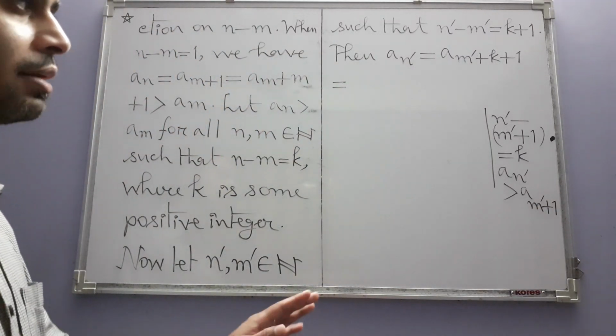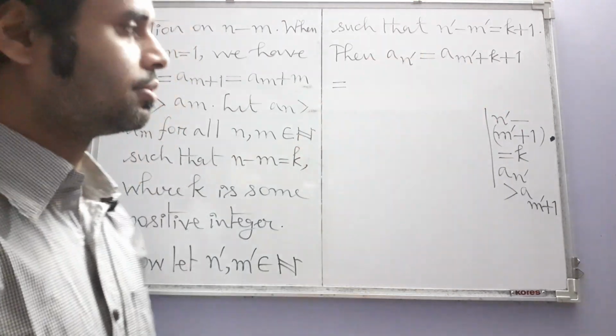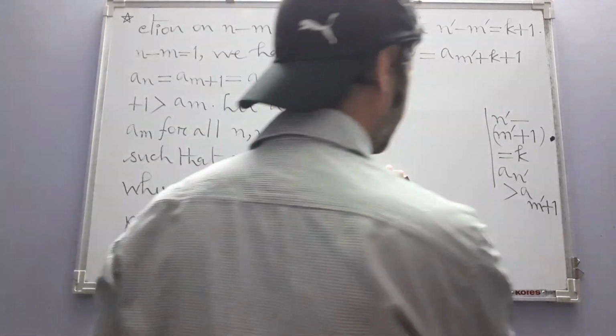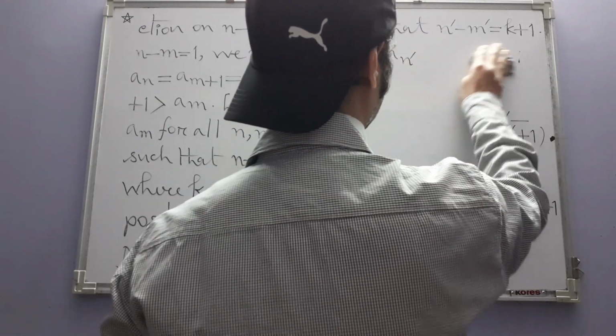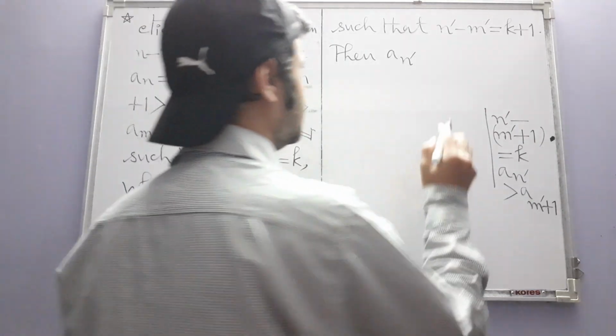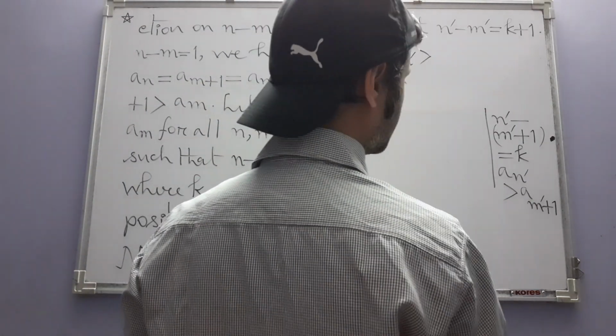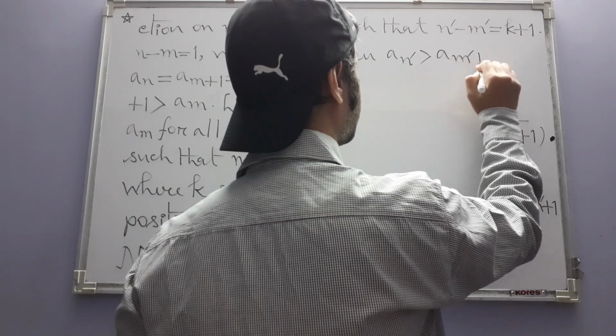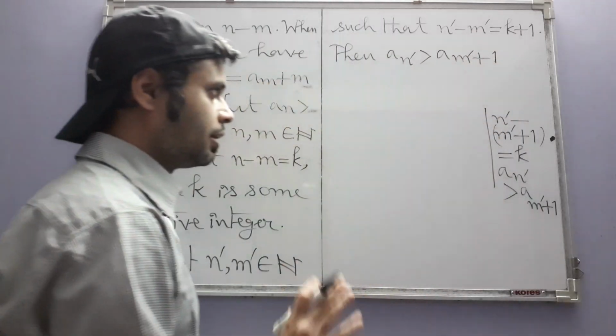Okay, so in fact we need not have written this also. Then we can instead write like this. Then a_n prime is greater than a_(m prime plus 1), but we have to be careful.